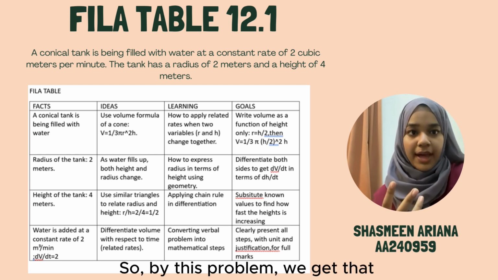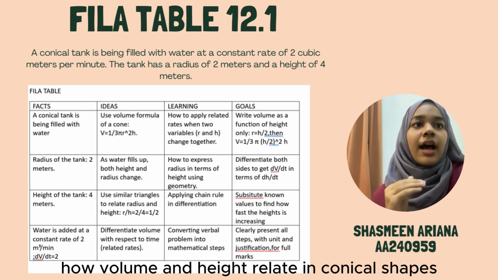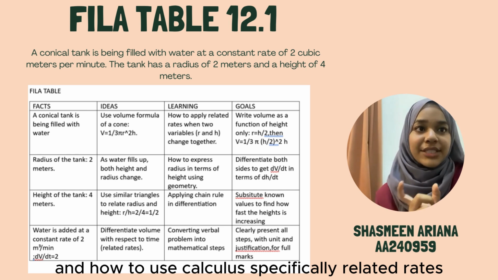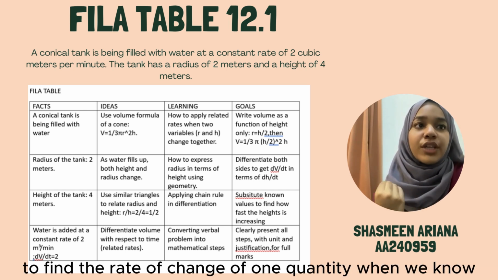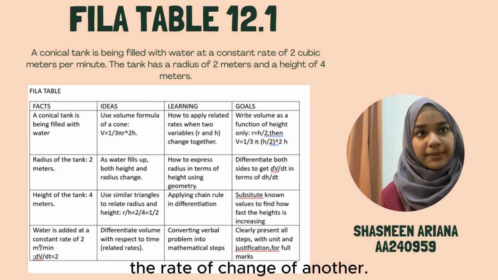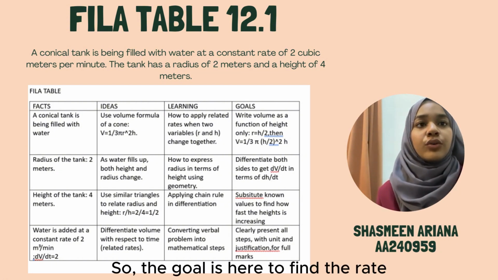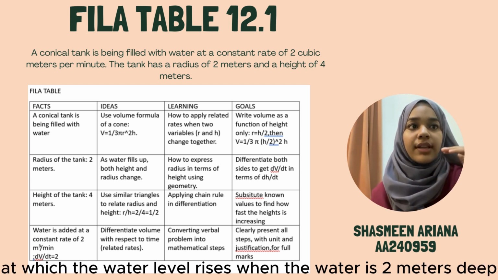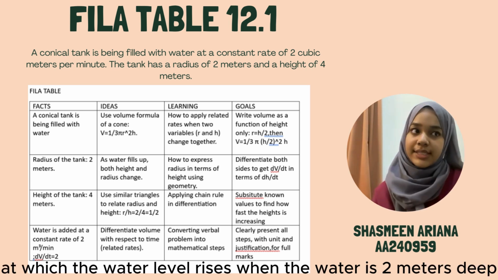So by this problem, we learn how volume and height relate in conical shapes, and how to use calculus, specifically related rates, to find the rate of change of one quantity when we know the rate of change of another. The goal here is to find the rate at which the water level rises when the water is 3 meters deep.